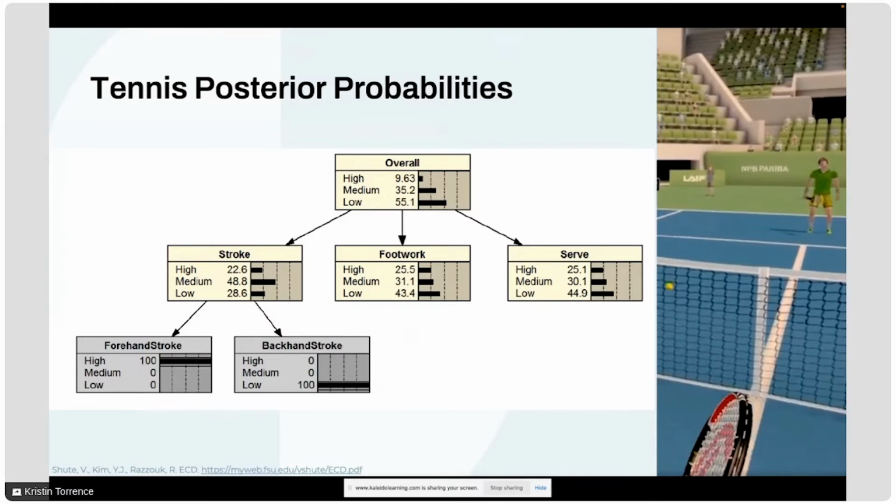This is updated using Bayes' theorem, which is the probability of event A occurring given that event B has occurred. So for example, for stroke, the probability of someone having a medium level stroke skill is 48%, given that we've seen them demonstrate a high forehand and a low backhand.